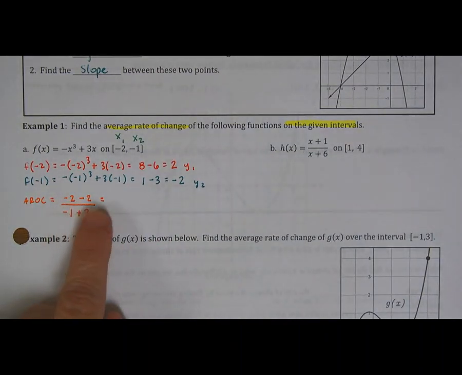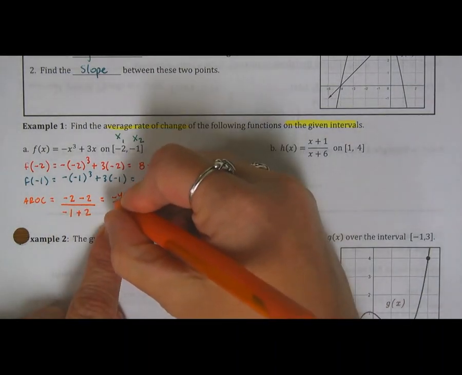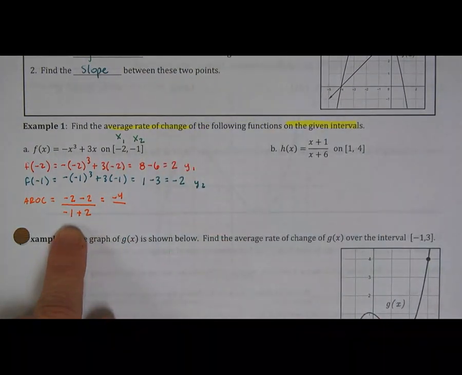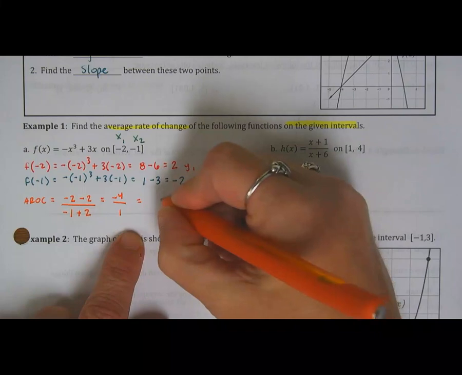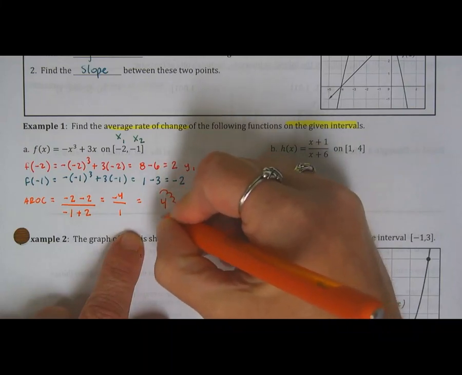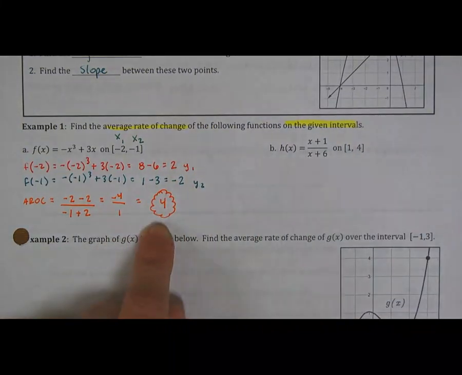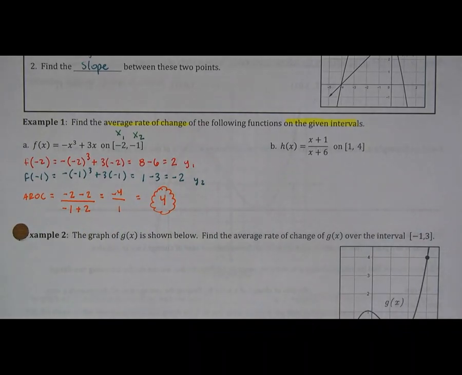Negative 2 take away 2 is negative 4. Negative 1 plus 2 is 1. And we finally arrive at our answer. The average rate of change on that interval is 4 or 4 over 1. That's the average slope of that interval. In just a minute, you'll get to put pictures to all of this math, and it'll hopefully gel a little bit better for you.